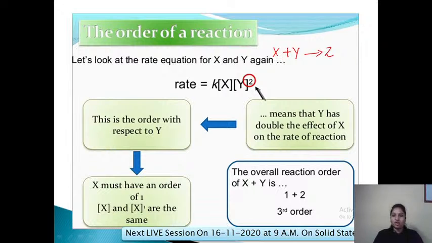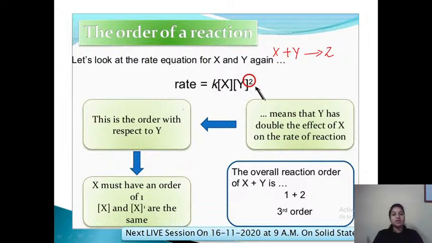If you see here, we have 1 here. But in the rate equation, they have given rate is equal to k X raised to 1, Y raised to 2. That means if I take a and b here and x and y here, then they are not equal.